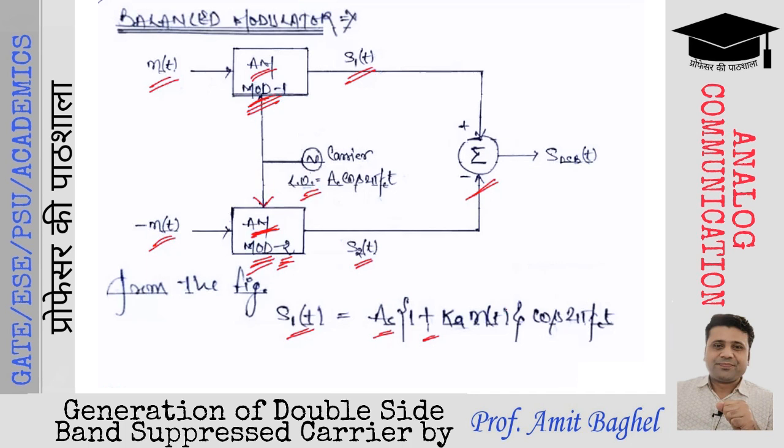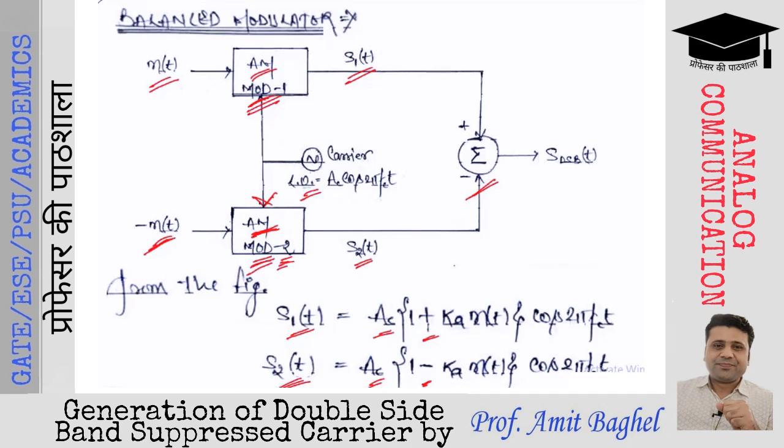Whereas output S2T, the mathematical expression S2T is the output from the standard AM modulator 2, where the inputs are minus of MT and CT. So the mathematical expression will be AC 1 minus KAMT cos of 2 pi FCT.